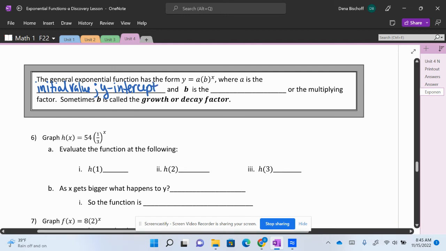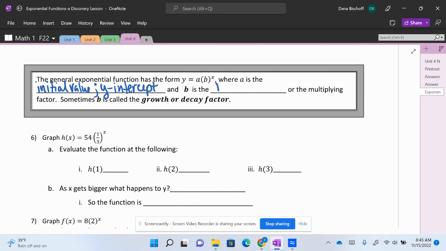Okay. B is known as the base or the multiplying factor. B is the base, like 2 to the power of 2 or 2 to the power of 3. We call this the base. We've been calling that the base, right? When we deal with exponents, this is the base. This is the number that I'm raising to a power, okay? Questions about that?